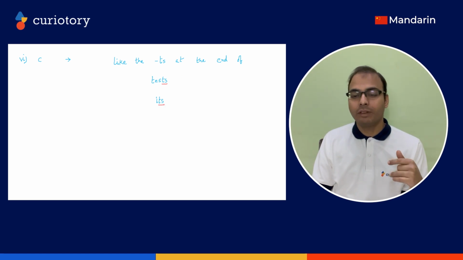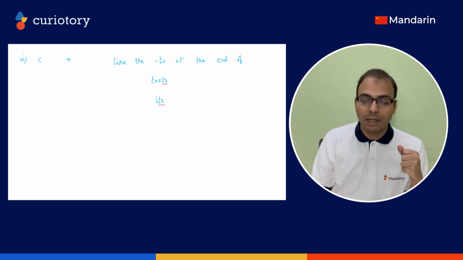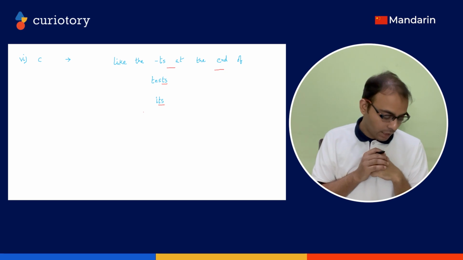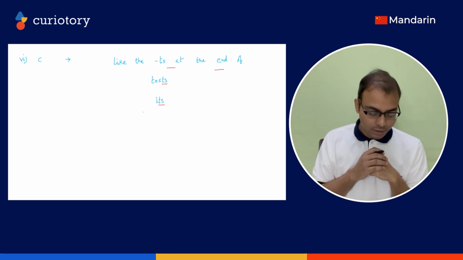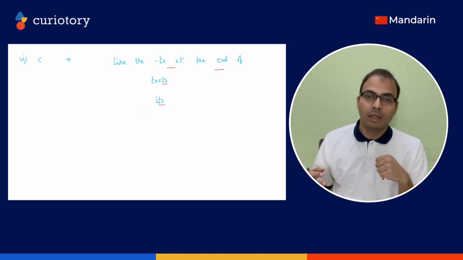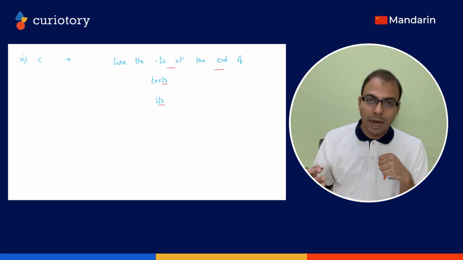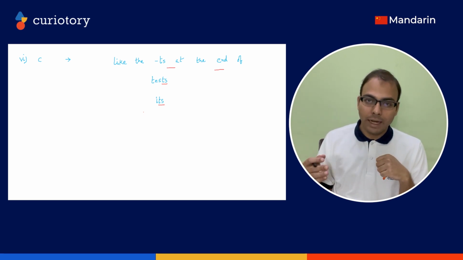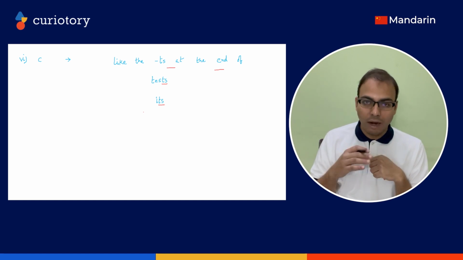How should you pronounce it? It is like the TS at the end of tests or its. But you have to take care here that in English you are not used to saying this at the beginning of the word. You are used to saying it at the end of the word. So you will have to practice it.